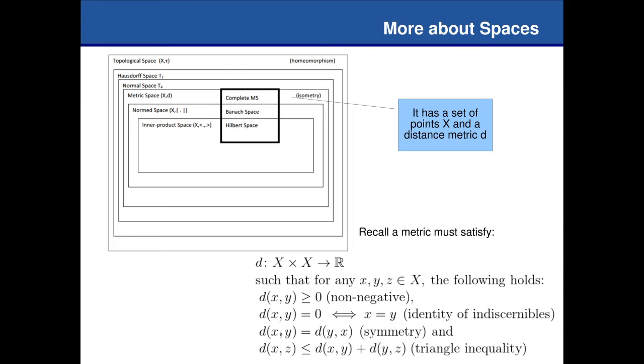Of course, the distance from X to Y and from Y to X has to be symmetrical, so it has to be the same. And the distance from X to Z is smaller than or equal to the distance from X to Y plus the distance from Y to Z.